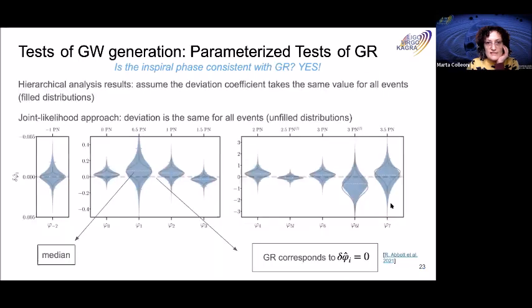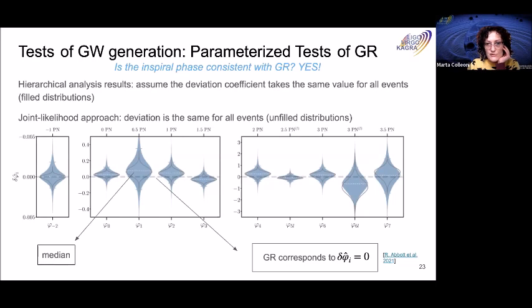So next slide, please. Here we see instead the posteriors for the same method applied in the previous slide, shown together with the posteriors obtained with a different combination method, which is the hierarchical method. Here, as Jenny said earlier, we assume that the deviation coefficient can have arbitrary values, can be taken from a distribution.